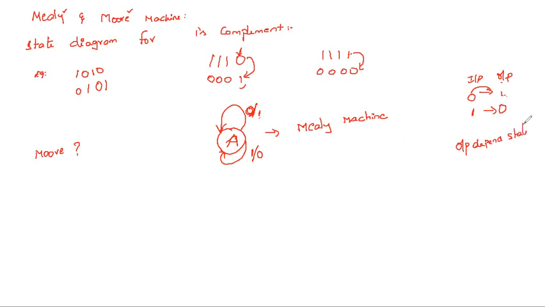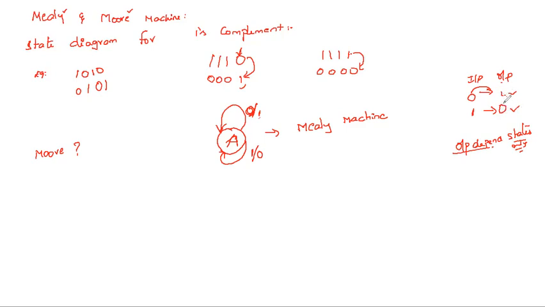How many outputs are coming here? We have only two outputs, 1 and 0. So here I am considering two states: one where the output is always 0 and one where the output is always 1.